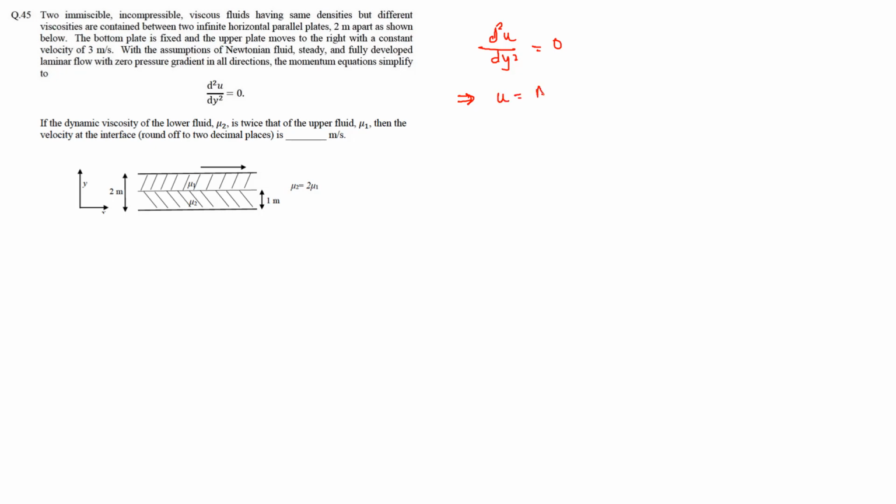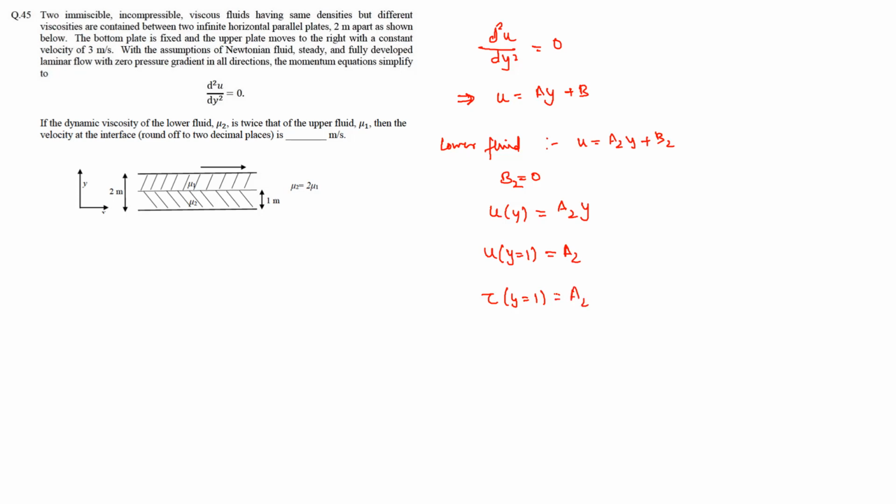So simply u will become a y plus b, and for the lower fluid, we had found that b was equal to 0, so b2 was equal to 0. U was a2y plus b2. So velocity was simply a2 times y, and at the interface that velocity was a2, and also at the interface tau was equal to a2.